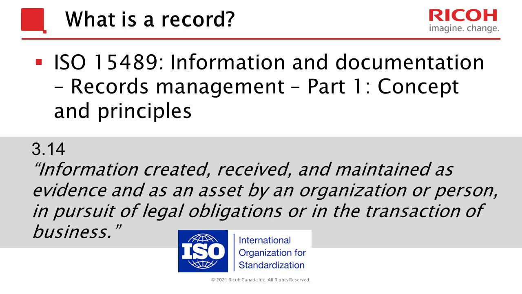So we look at the ISO definition of a record. It's information created, received, and maintained as evidence and as an asset by an organization or person in pursuit of legal obligations or in the transaction of business. So keywords here are evidence, legal obligations, and the transaction of business.